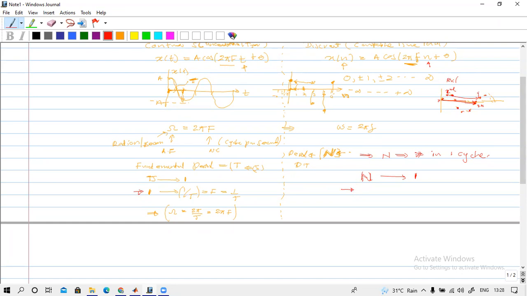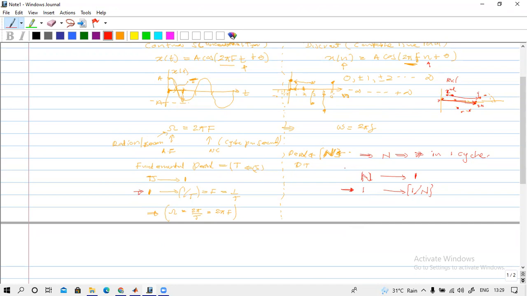For that, you have n samples in one cycle, so to make this 1, you have to divide it by n. So this is cycle per sample, no, cycle per one sample.